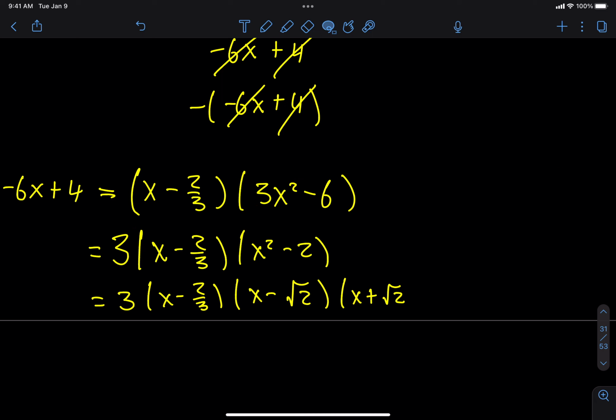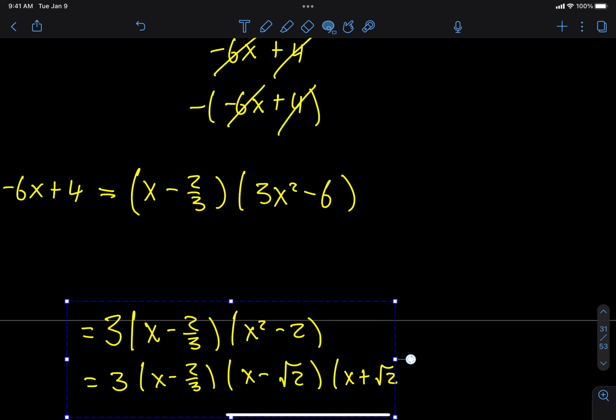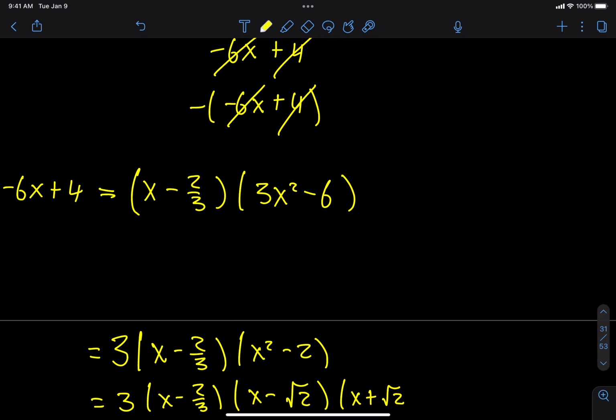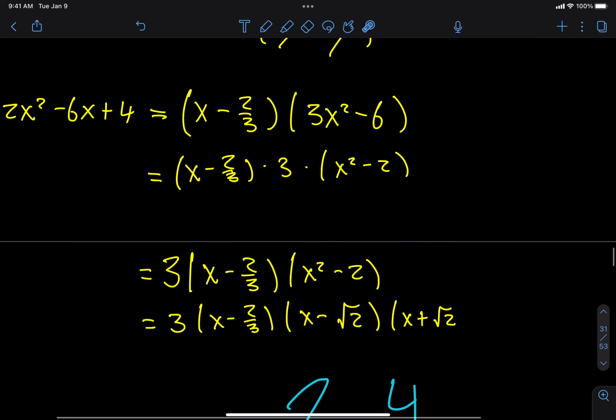So if you wanted to be very complete, you could write an intermediate step where you say x minus 2/3 times 3 times x squared minus 2, like that. And then I just like to put numbers at the front, so that's why I moved it over there. So would it matter if we had 3 in front of x squared minus 2?